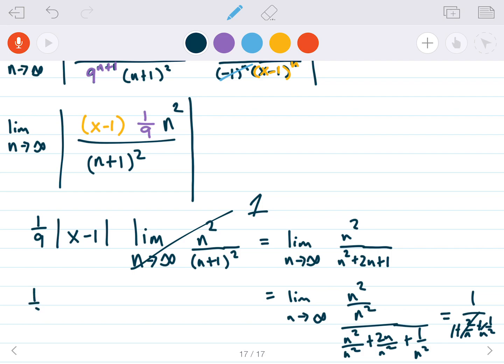And I'm left with 1/9 absolute value of x minus 1. This is my limit, L. And the question is, for which values of x does this thing converge?